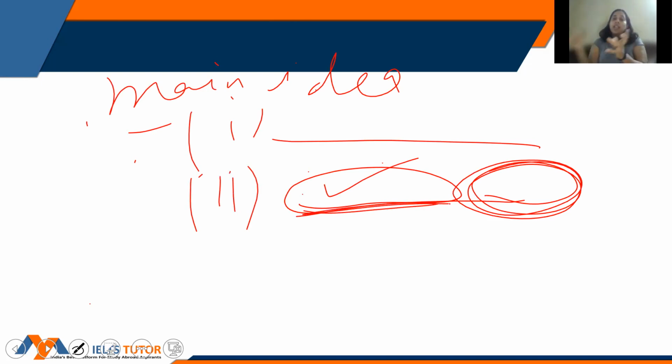The first part or the last part will be exactly in the passage, but some part will be missing. You have to see whether something is missing in the option or not, and whether this is the main idea or not. These two things you need to see. Okay, clear? Yes, ma'am.